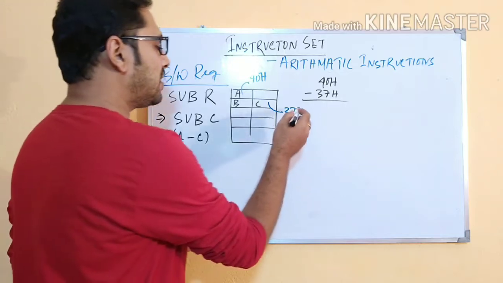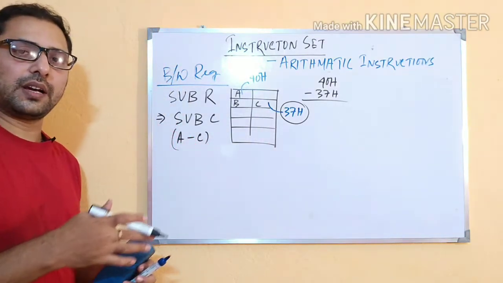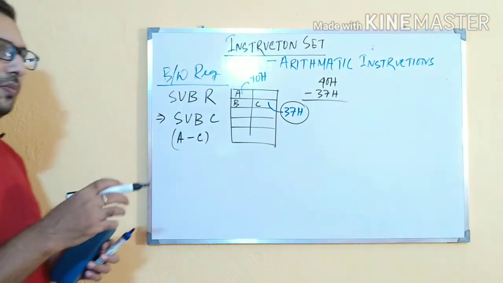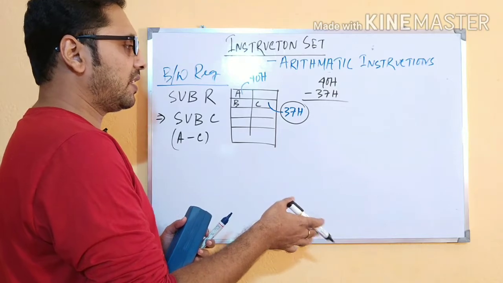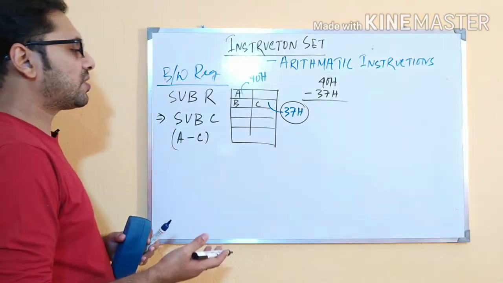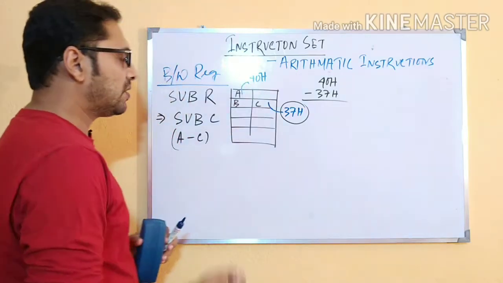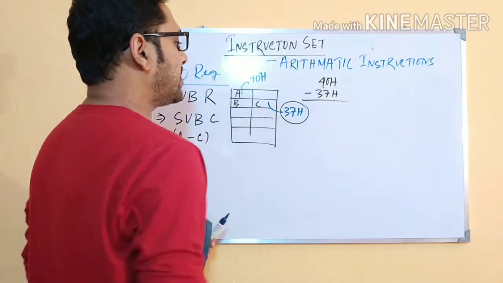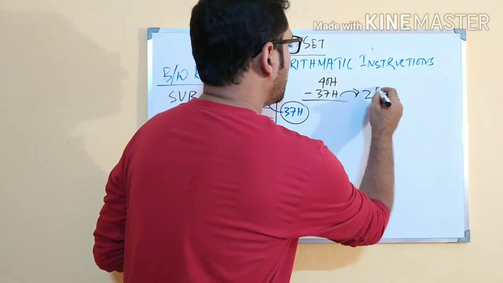The value that we want to subtract from the content of accumulator has to be in the form of 2's complement. So which one do I want to subtract? I want to subtract the content of the register C. So C here is containing 37. So I need to take 2's complement.